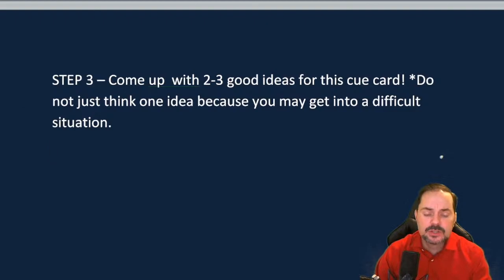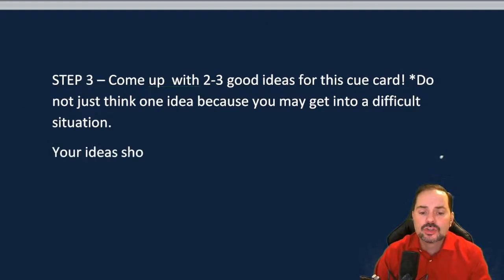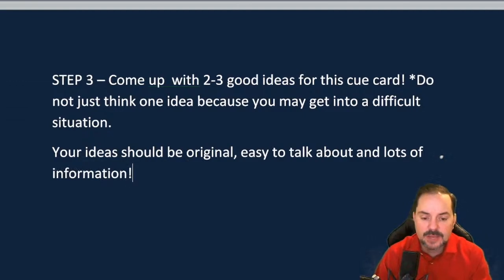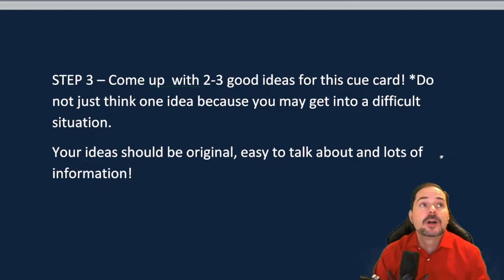So keep in mind, students, your ideas should be original, easy to talk about, and have lots of information. Okay, so for this one, and I know a couple people said mobile phone and computer.